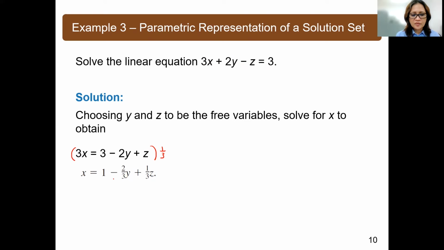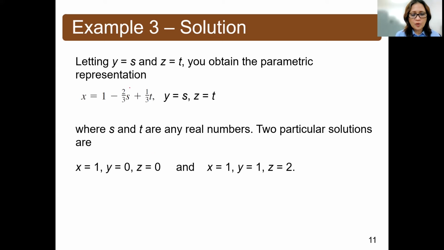Now, since y and z are also unknowns, and we're going to have them as free variables, we can now use parameters for y as well as for z. So let's say let y be s and z be equal to t, where s and t are real numbers.